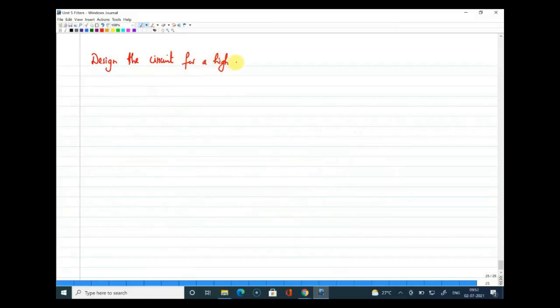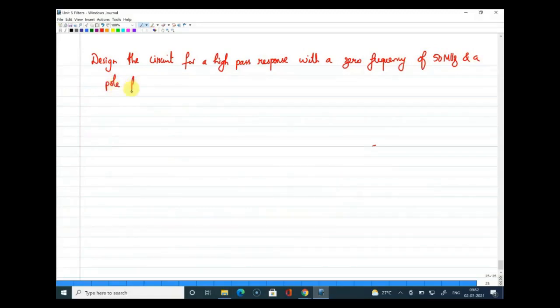The circuit I'm referring to is the circuit we have discussed just now, a high pass response with a zero frequency of 50 megahertz and a pole frequency of 100 megahertz.